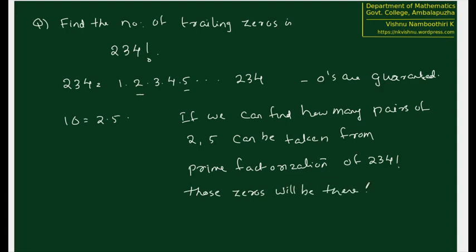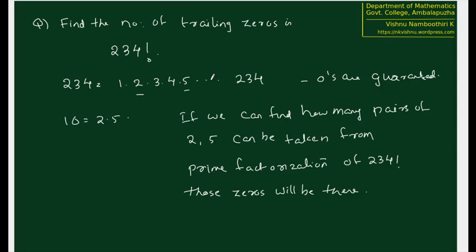So suppose that there are some 2's and 5's appearing in this product. See here we have 4. This 4 consists of 2 2's. Now we have 10 here. 10 consists of 1 2 and 1 5. Now 15 is there. 15 consists of 1 5.